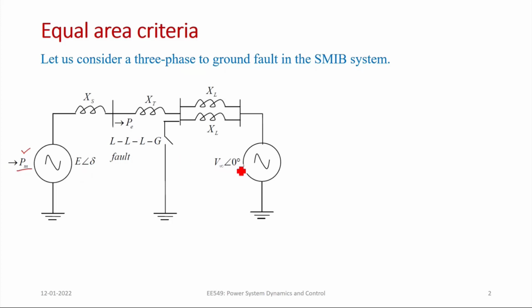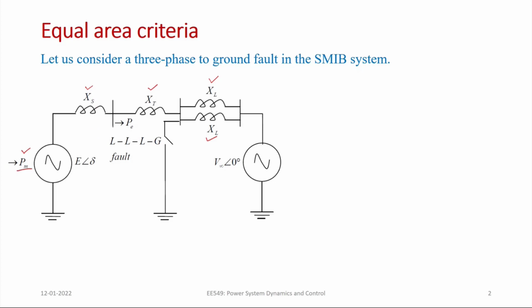V∠0 is the infinite bus voltage. This single machine is connected to the infinite bus through a transmission line having reactance XL. It is a double circuit line, and through a transformer having reactance XT, and of course the reactance of the generator, that is the synchronous reactance of the generator, is XS.